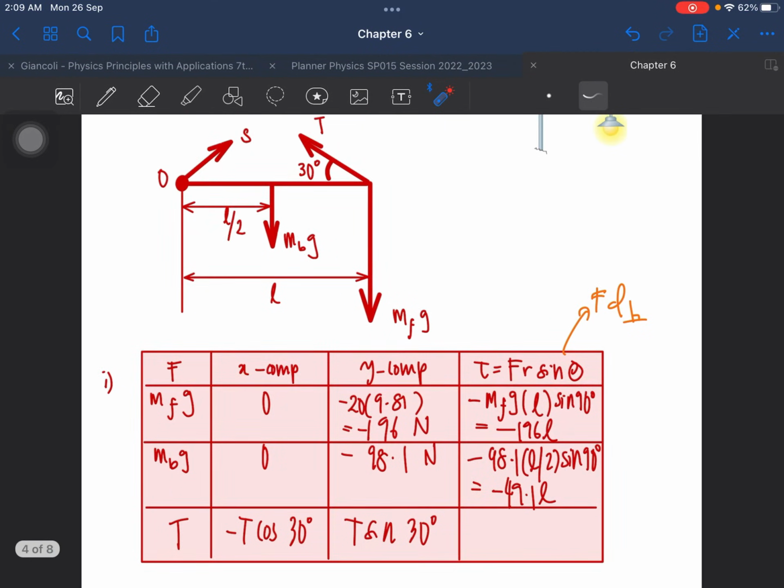And then for the tendency to rotate, this tension tendency to rotate is anti-clockwise, so it will be positive towards this point. And then the angle between this T and r here is 30 degree. The value of r is L, so that is TL sine 30 degree. So this is just 0.5 TL.